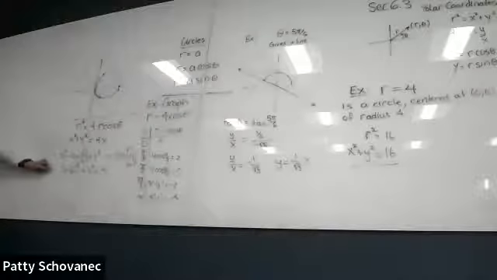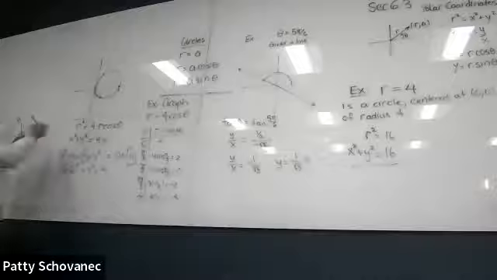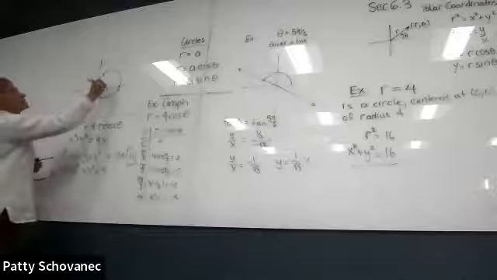In this form, do you recognize this as the equation of a circle in rectangular coordinates? x and y are both squared. Yeah. This has moved the x to the right 2 units. y stays at 0. To the right 2 units, so this is 2, that's the center of the circle, and it has a radius of 2.